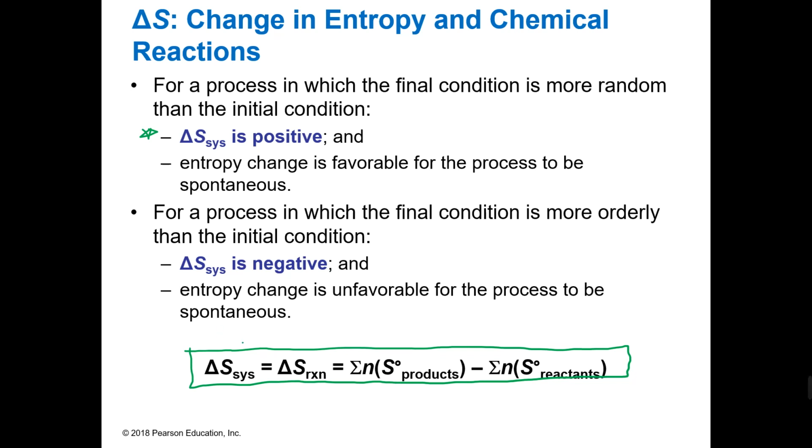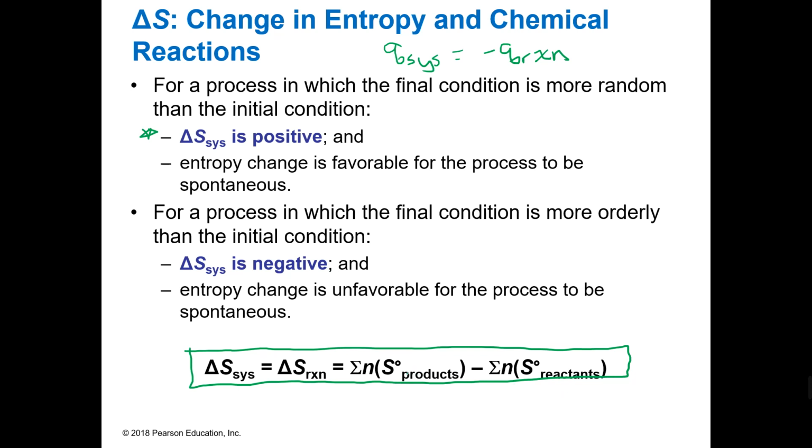So when we relate our system and our reaction, if you remember from Gen Chem 1, we had Q of the system equal to negative Q of the reaction. It's very similar in this case with entropy and delta S. We can say that delta S of the system is equal to delta S of the reaction, in this case not the negative of it, because remember, we're talking about spontaneity and whether it's irreversible or not.